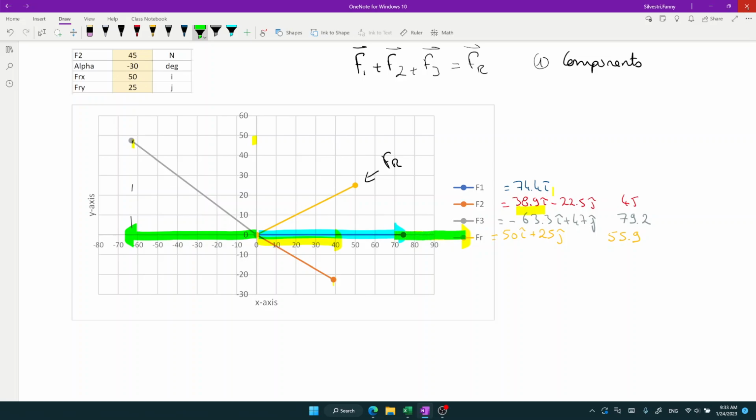So 1, 2, 3, 4, 5, 6. Here we go. What I ended up with on x should be equal to the FRx.